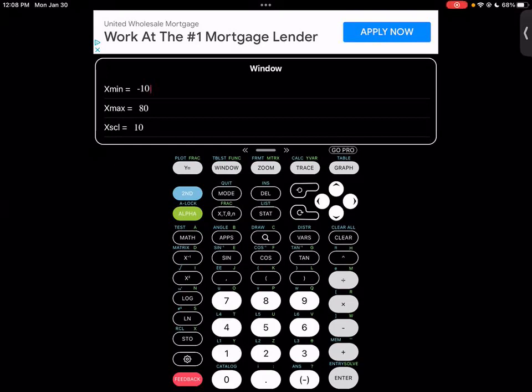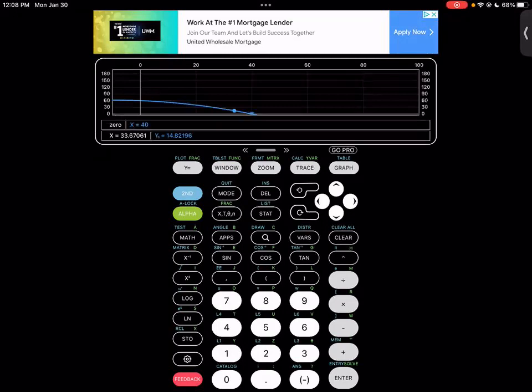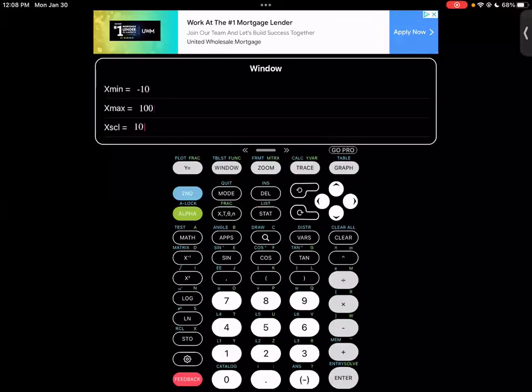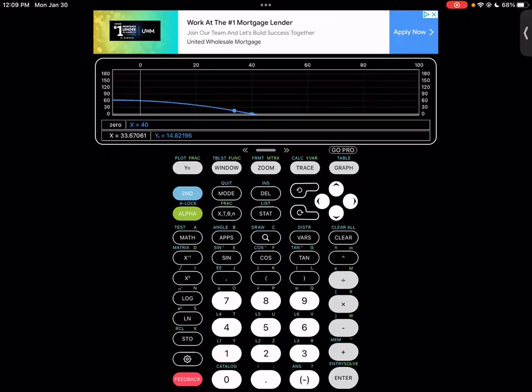Because I don't want to see little tick marks. Oh, you don't want to see this? Well, you can. It's fine. Let's see if I can scale 1. See what happened. No, what happened to my graph? I did it at home and it works.